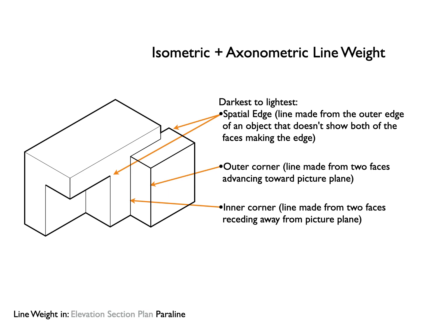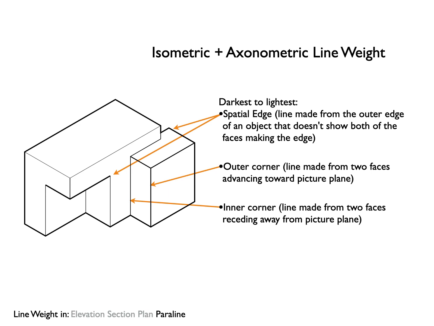So your spatial edge is your darkest, and then your middle line weight is the outer corner. That's basically an edge that's pushing towards you, the viewer or the picture plane. And then there's an inner corner, which is an edge that's pushing away from you, where you see both faces but it's receding away from the picture plane.